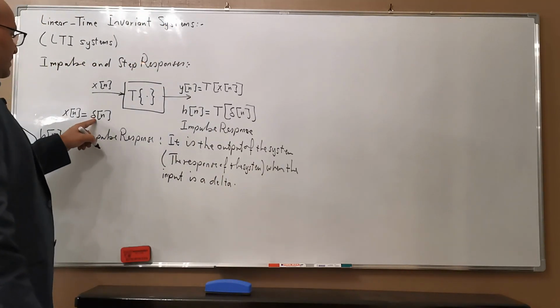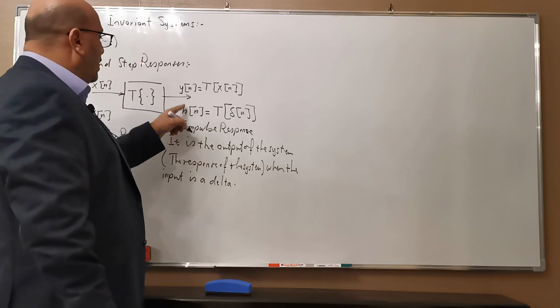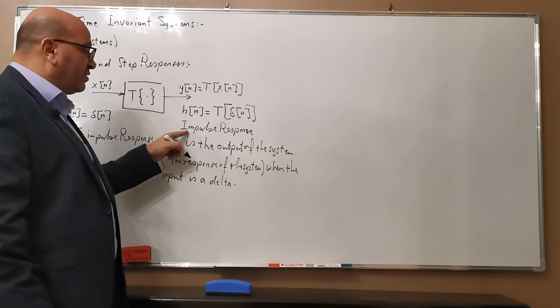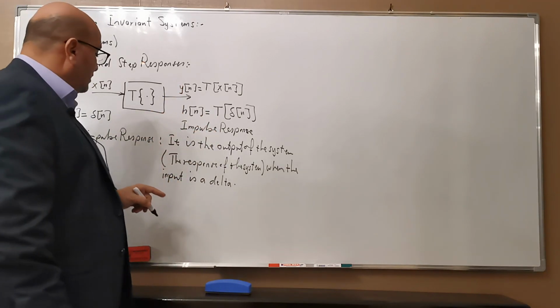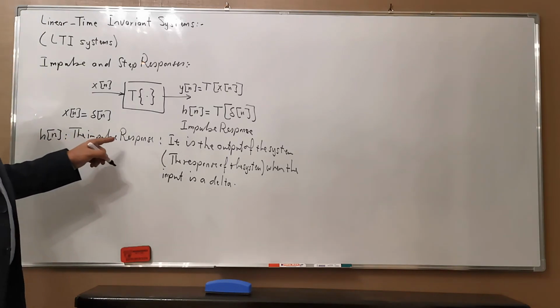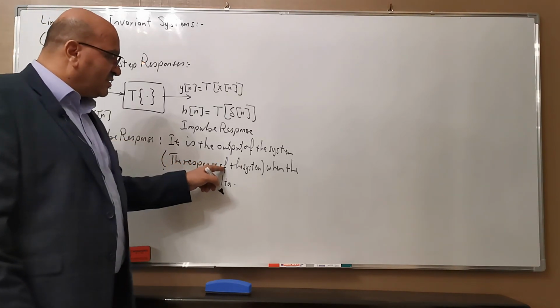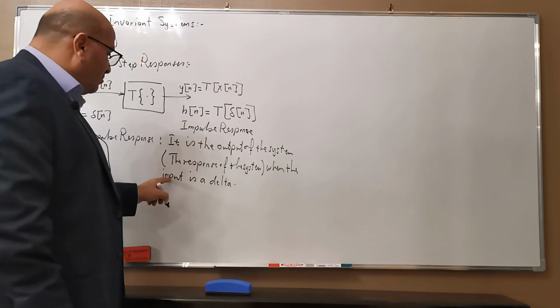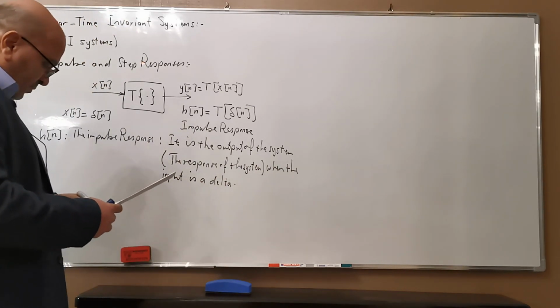When the input is a delta, the output y has a special name. We call it the impulse response, h of n. So h of n, the impulse response, is the response of the system when the input is a delta.